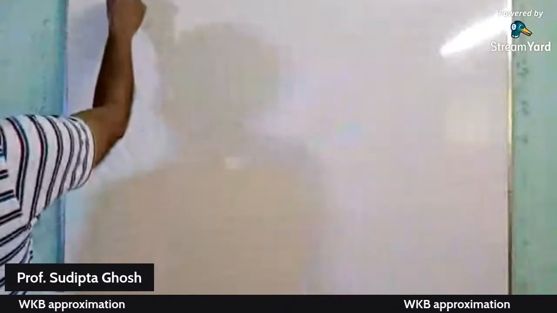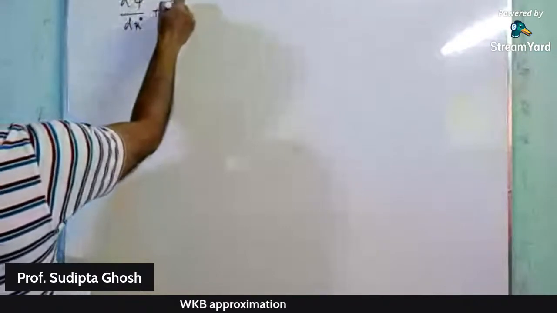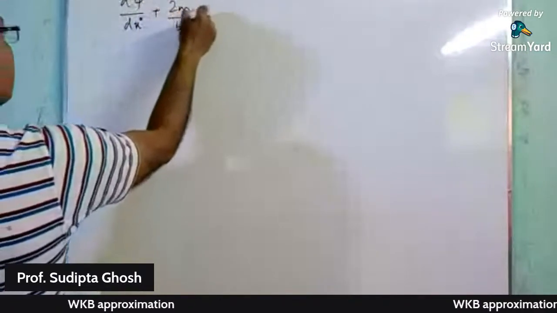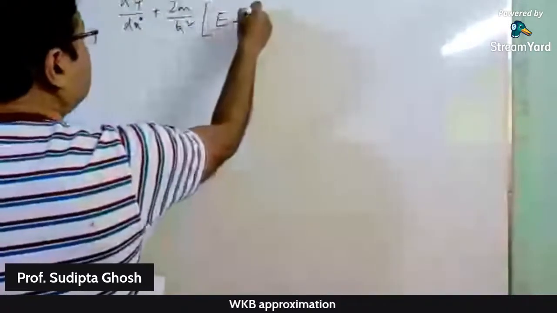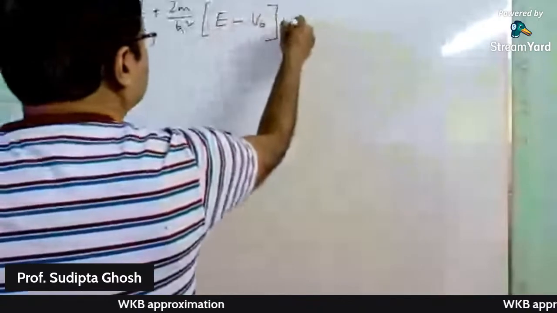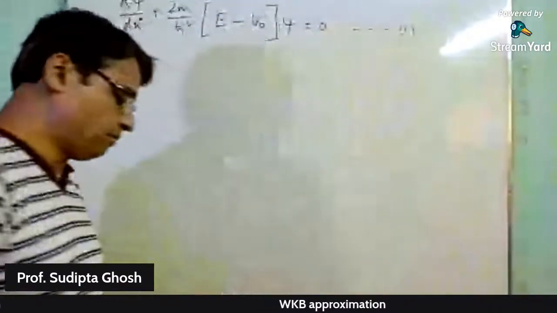The equation, as you know, is d2 psi by dx2 plus 2m by h cut square, capital E minus V0, times psi equals 0. This is our equation number 1.